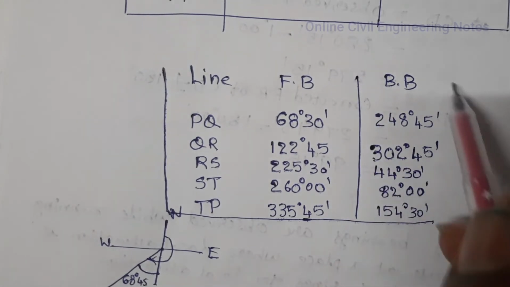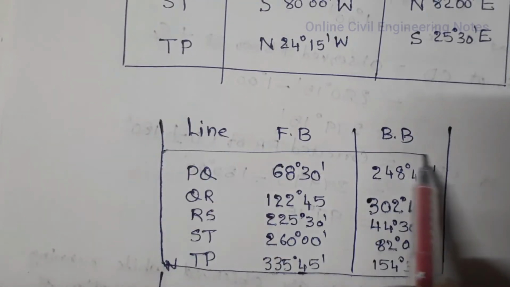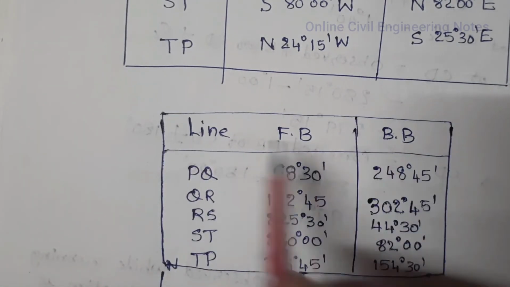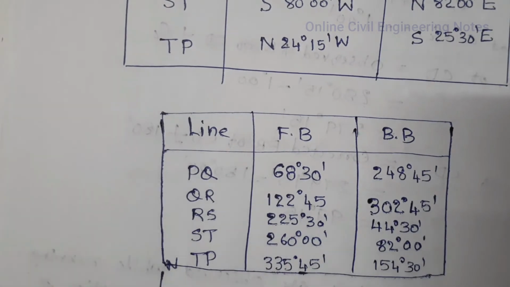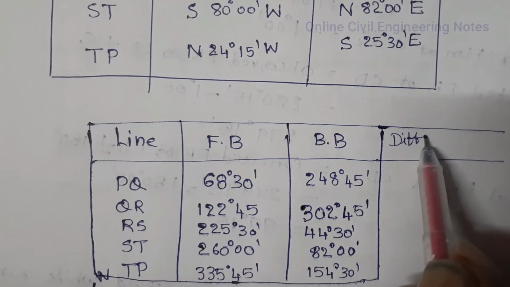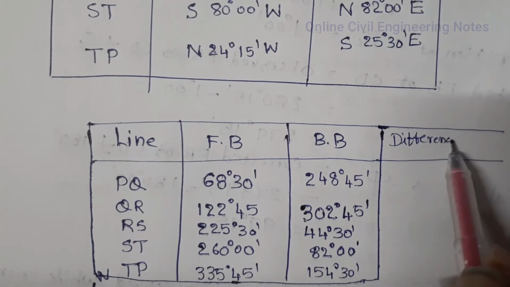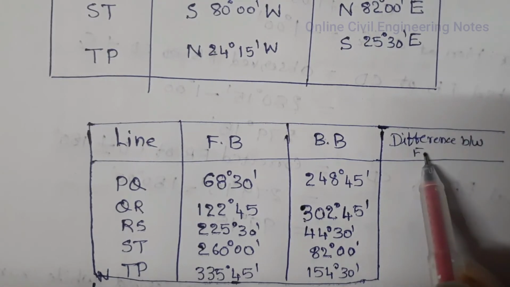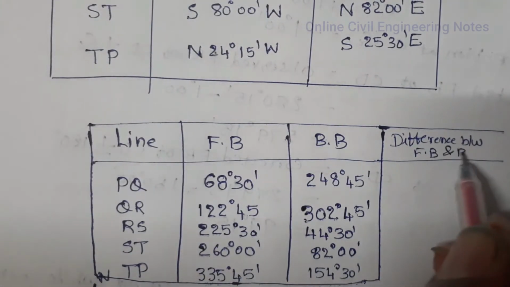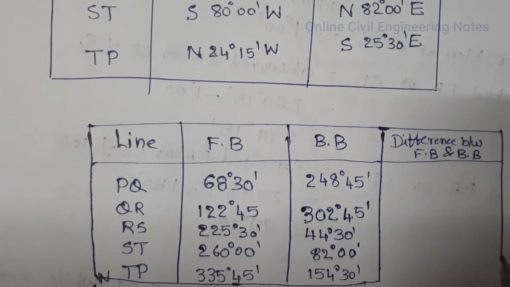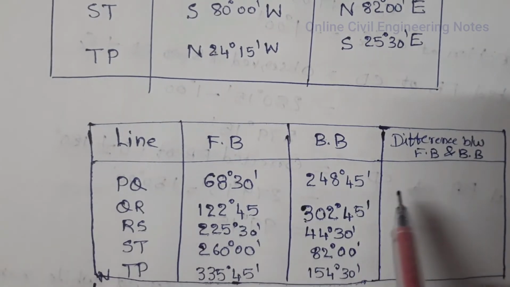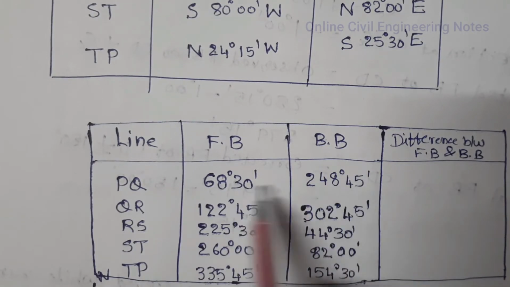Now calculate the difference between fore bearing and back bearing of all the given lines. Neglect the sign convention when calculating the difference of these two.